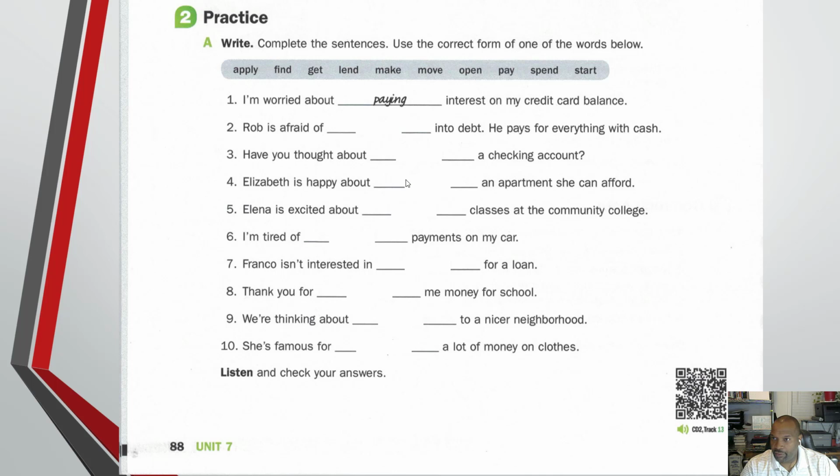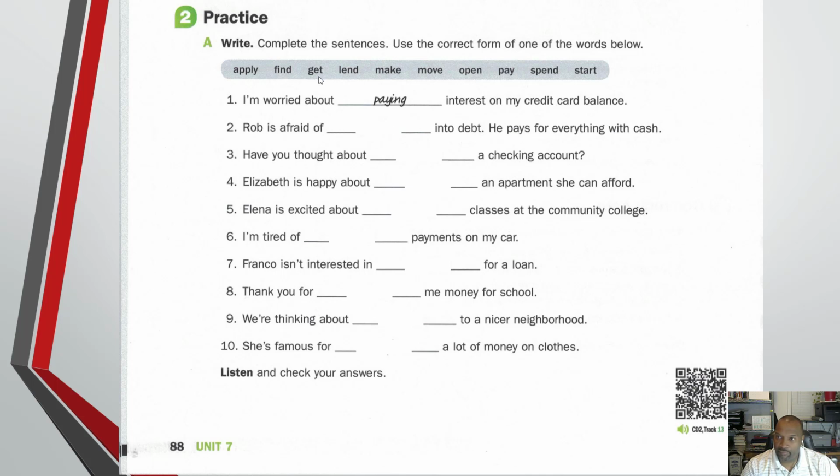Okay, so let's go over our answers and see what we got here. The first one, of course, was done for us. I'm worried about paying interest on my credit card balance. Number 2, Rob is afraid of getting into debt. He pays for everything with cash.